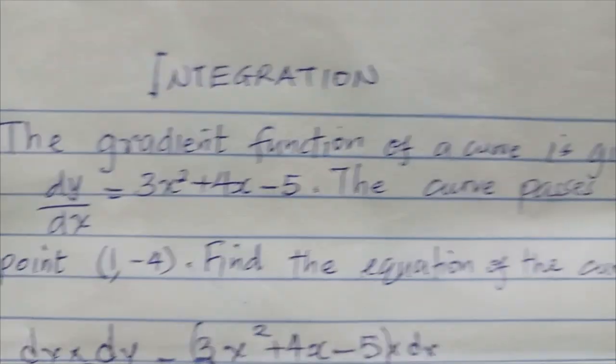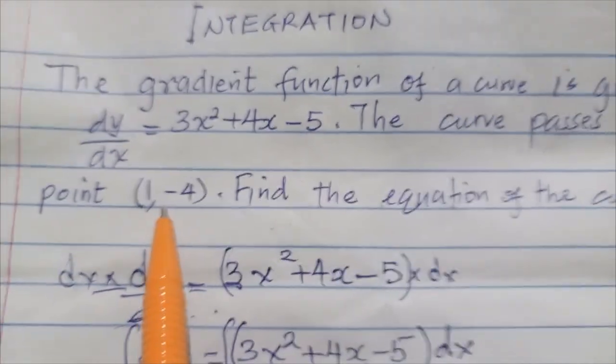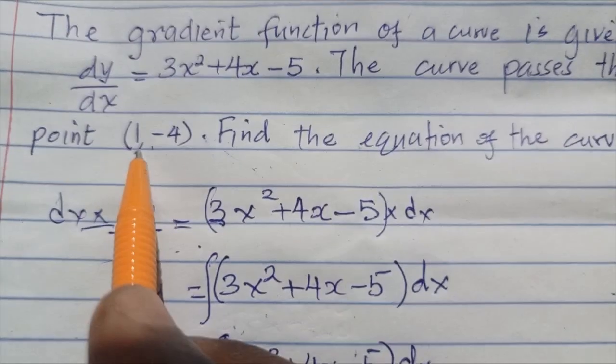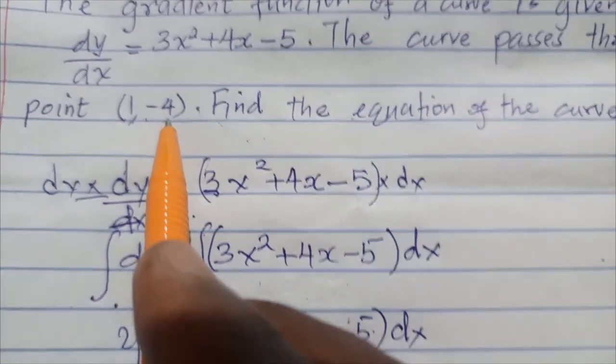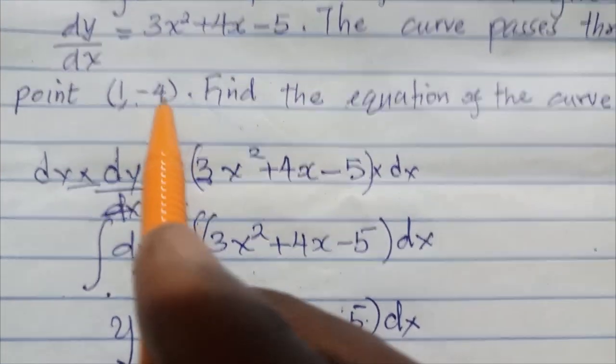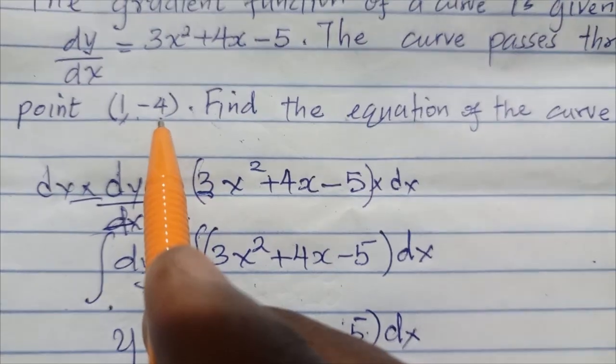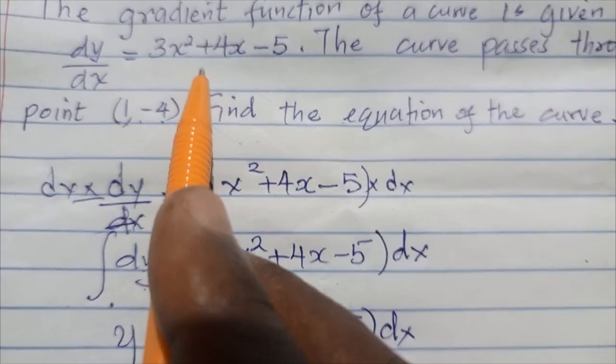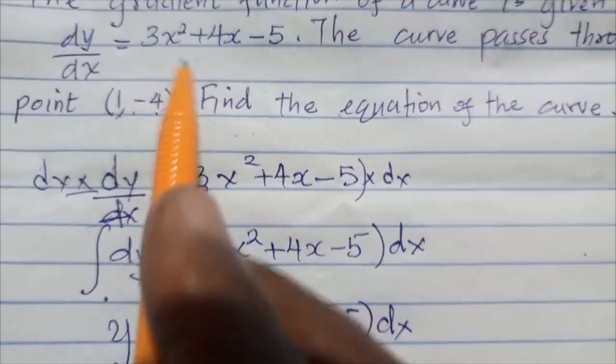But in our question, we are told that the curve passes through the point (1, -4). So these are conditions that define this curve whose gradient function is given.